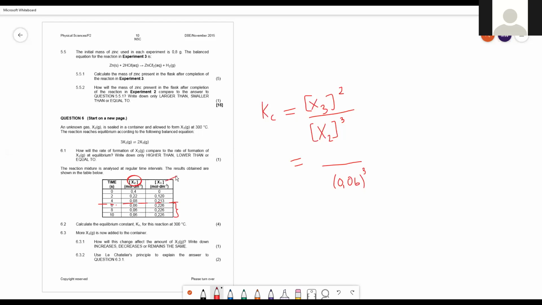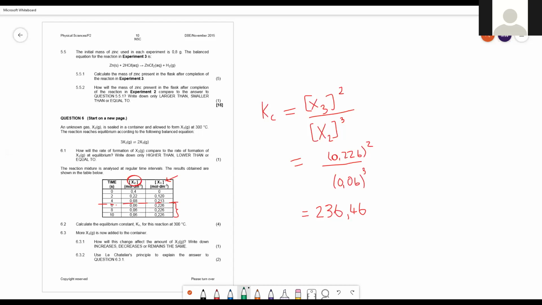And for x3, it's going to be 0,226 squared. And if you plot that into your calculator, you should get an answer of 236.46. Okay, so that's obviously a huge number. So that means that you have a lot more products than you do reactants.